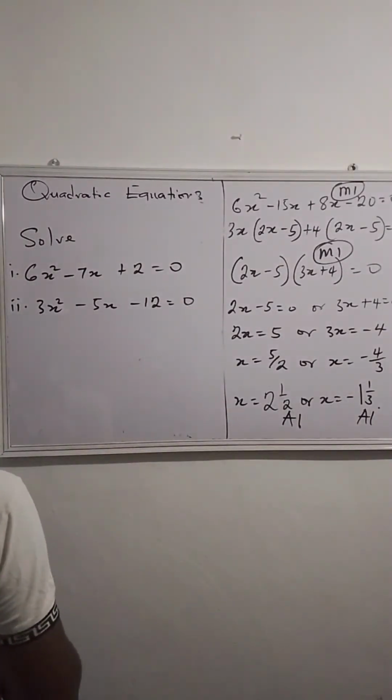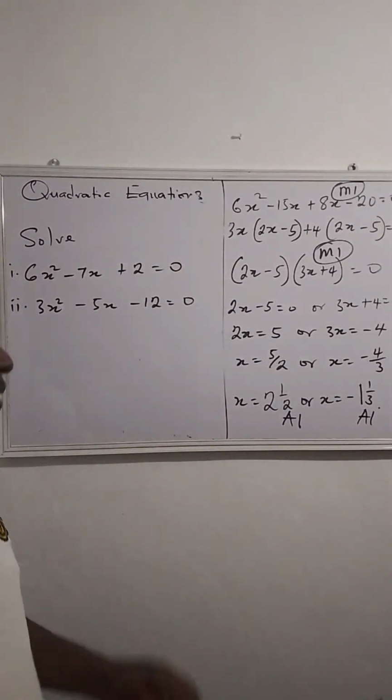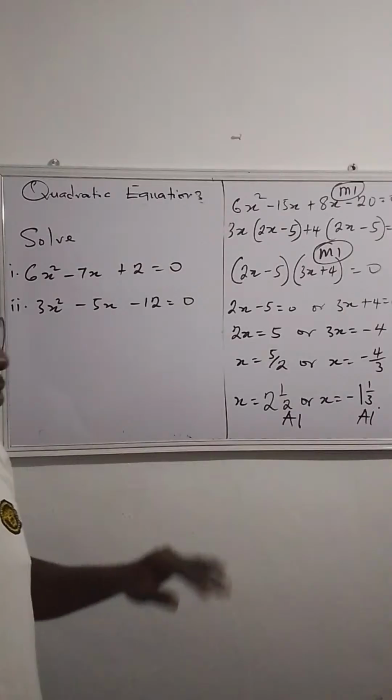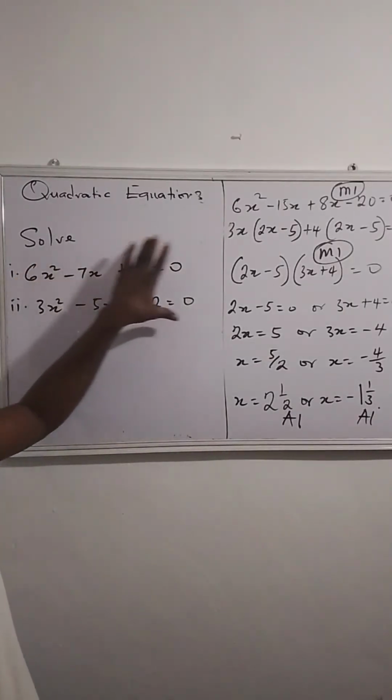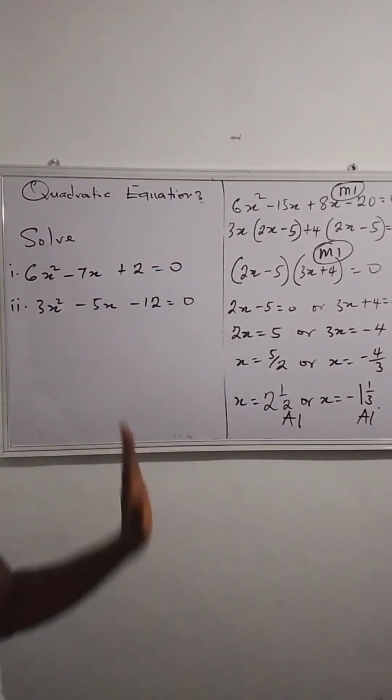Now these are the problems. So solve this. In the next class, which is going to be tomorrow, I'm going to be solving these problems. But before I give you the solution, you must drop your answer.